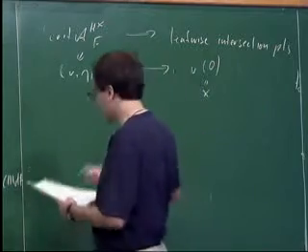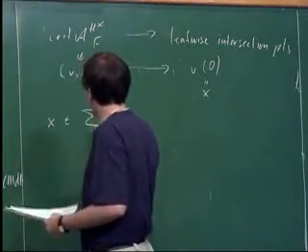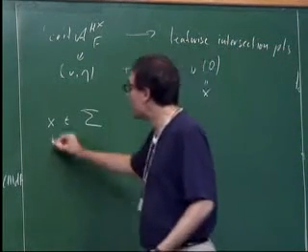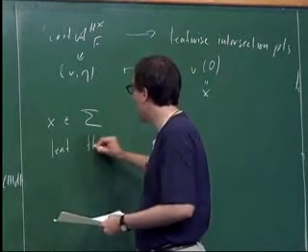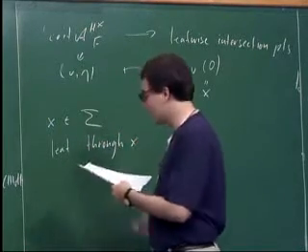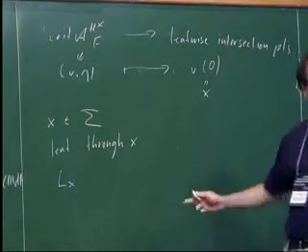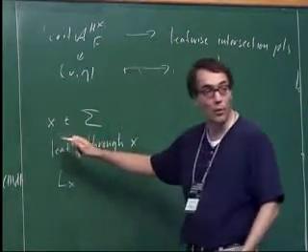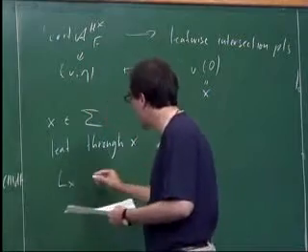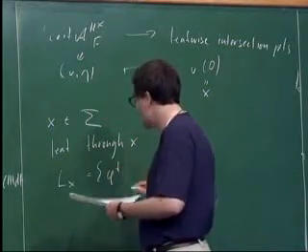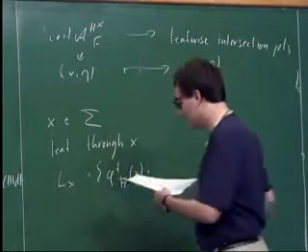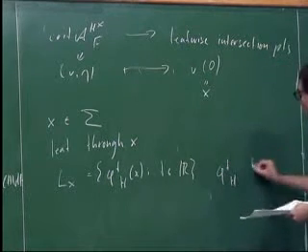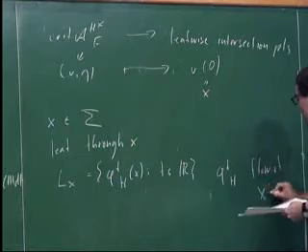So what is a leafwise intersection point? If x is a point on this energy hypersurface, then the leaf through x is just the points you can attain by using the flow of X_H. So the leaf of x is just phi_H^t(x), where t is in R, and this is the flow of X_H.